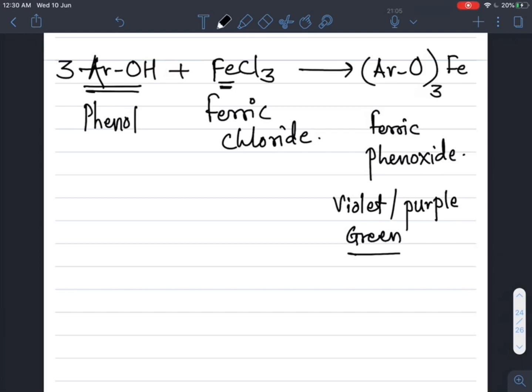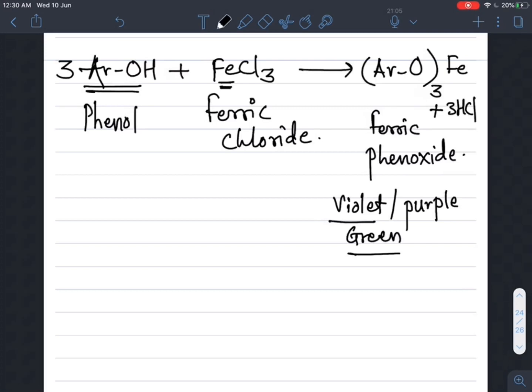If monohydric phenols are there, then a violet colored complex is formed of this Fe(ArO)3 with the removal of a byproduct. So these 3 hydrogens are combined with 3 Cl, so we get 3 HCl. So this is the byproduct, that is 3 HCl.